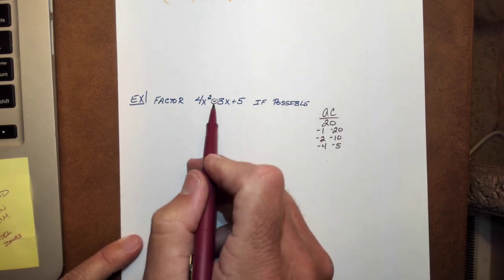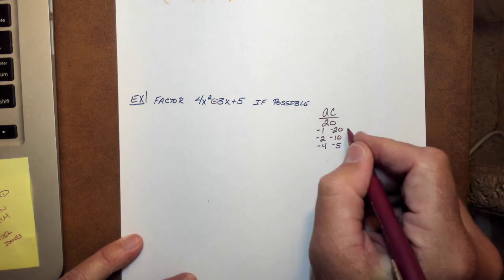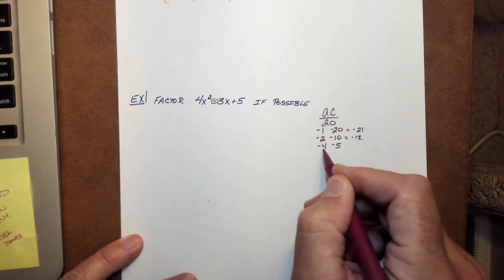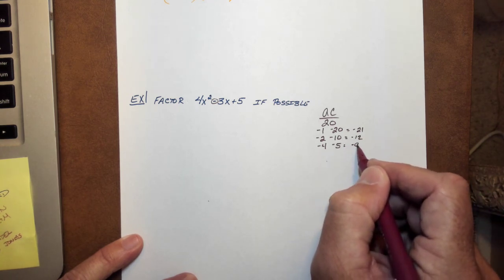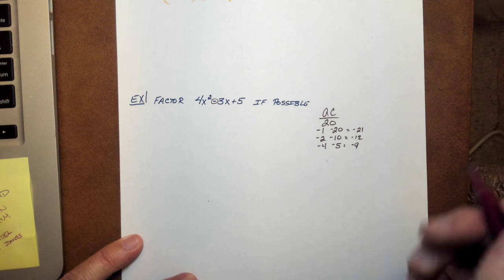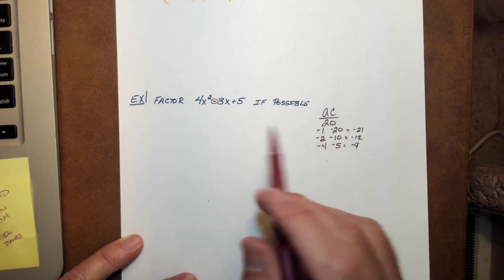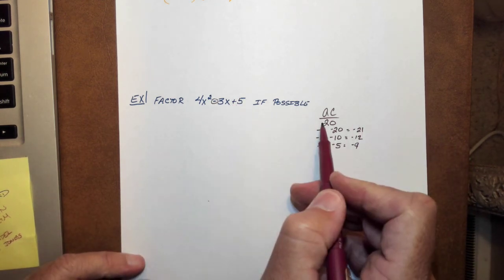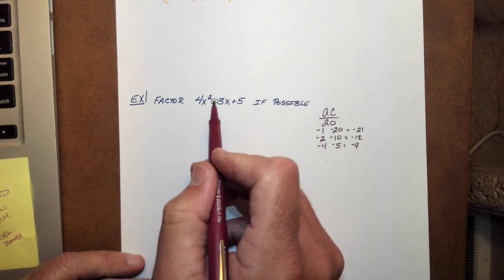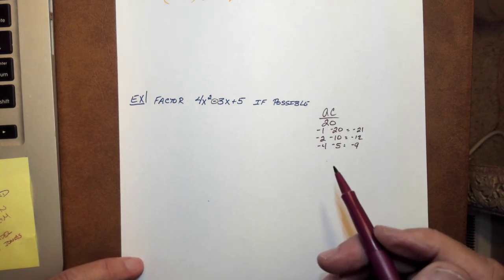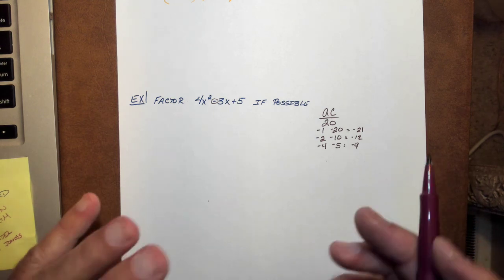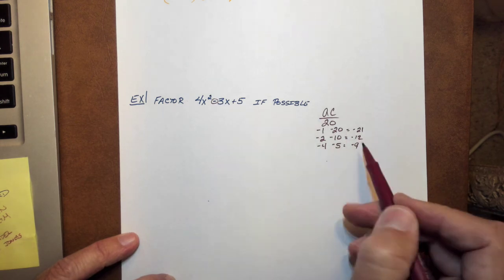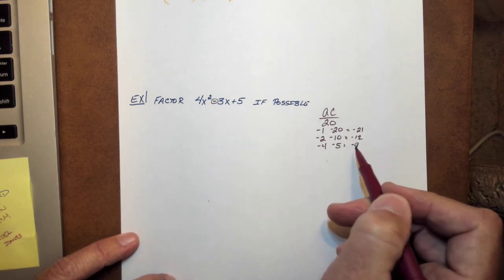What do they have to do? They have to add up to be negative 3. Add those up: negative 21. Add those up: negative 12. Add those up: negative 9. All right, now, before I go and say, well, I can't factor this, it's not possible, please explore. Make sure you're looking for the right sign with what you're doing. Explore all your options first. But as we look, that's not negative 3, and neither is that.